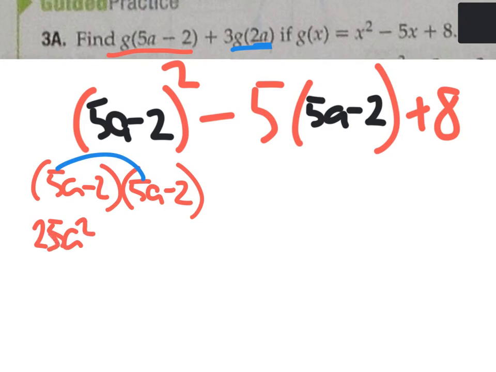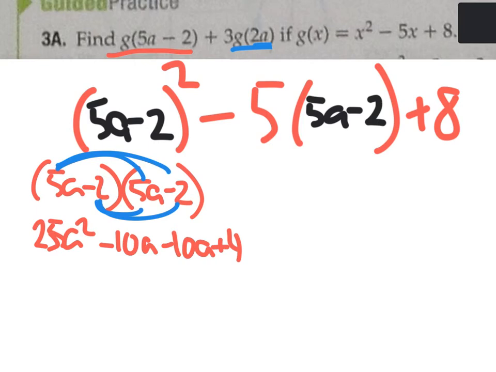That's ugly, but you guys can see it. 25a squared. And then 5a times negative 2, that's negative 10a. And then negative 2 times 5a, that's another negative 10a. And then at the very end, negative 2 times negative 2 is positive 4.